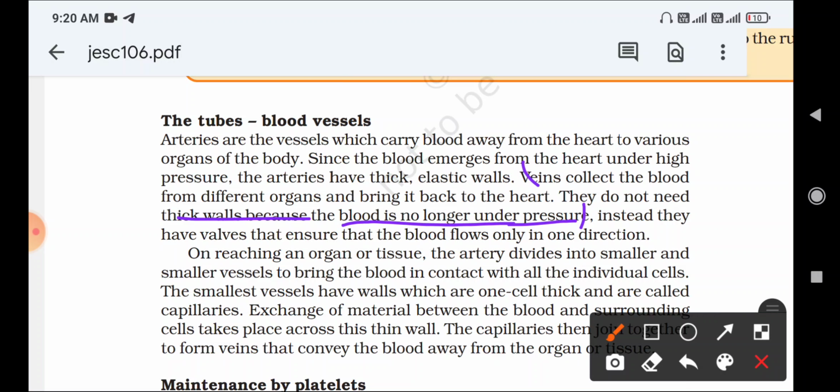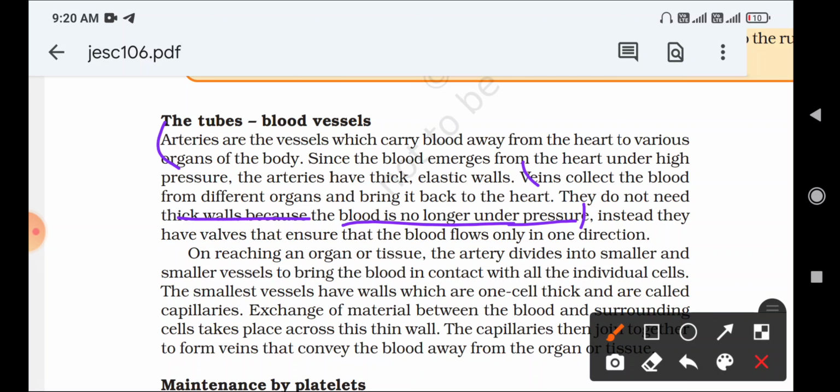But while coming from the heart, the artery requires thicker elastic walls, because at that time the blood has high pressure. While veins collect the blood from the body parts, the blood is no longer under high pressure. Because of that, veins do not have thicker elastic walls; instead they have thinner walls. Correct, it is an important question.